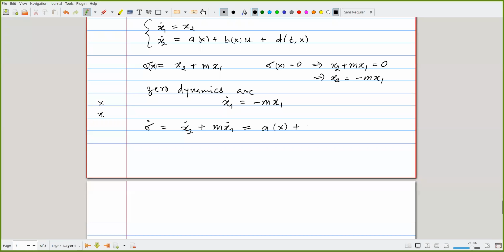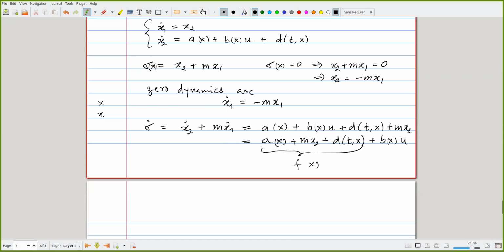So x2 dot is this, b(x)u plus m x2. Now we can see that this sigma dot is equal to a(x) plus m x2 plus d(t,x) plus b(x)u. Okay. So now this entire thing we can call f(x), and this is g(x).